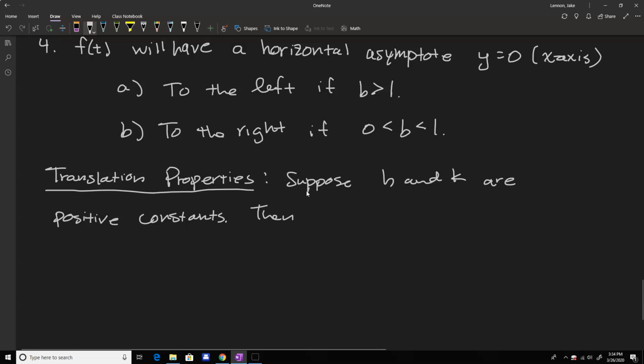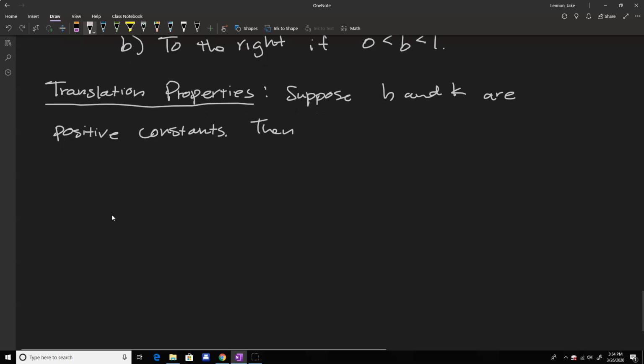Then we can write down four graphical properties. We can subdivide them into two parts, so we can talk about horizontal translations. So what are the two horizontal translations?